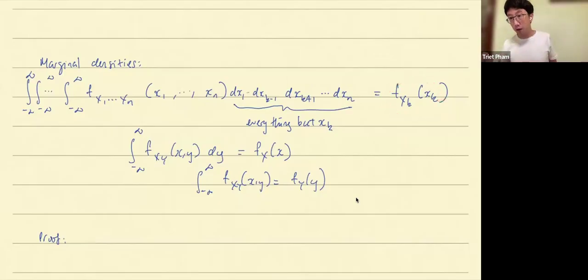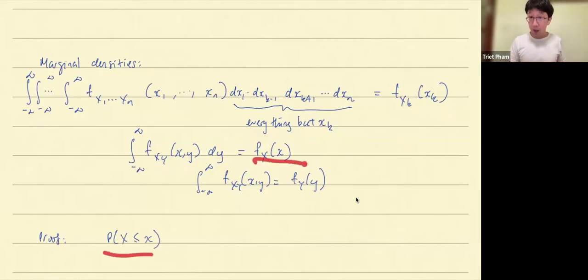You operate on CDF, and then you differentiate CDF to get to the PDF.